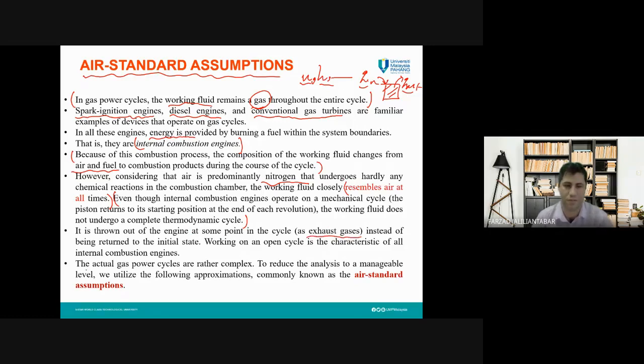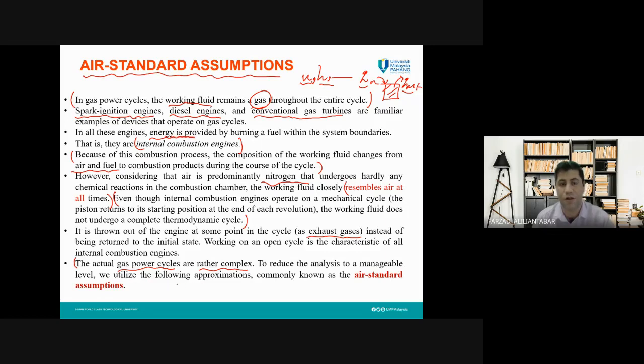It is mentioned. So the actual gas power cycle is a complex cycle. We cannot easily evaluate that. So we need to have some assumptions, but reasonable assumptions, to be able to manage and evaluate these types of cycles.